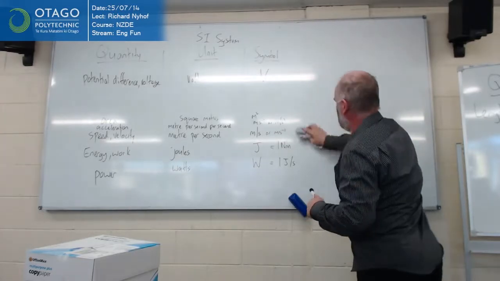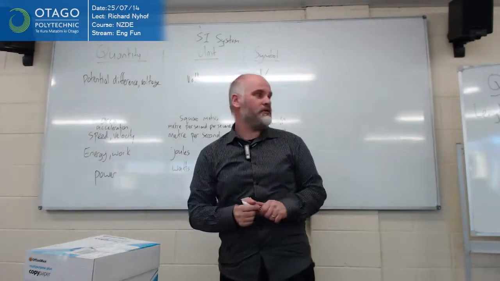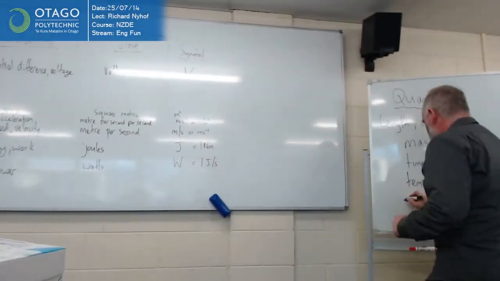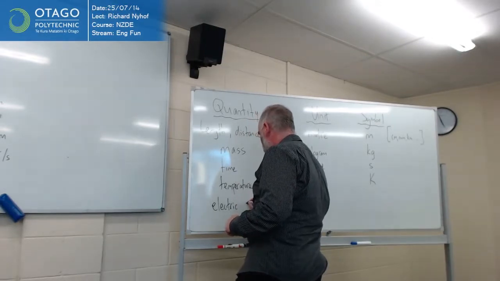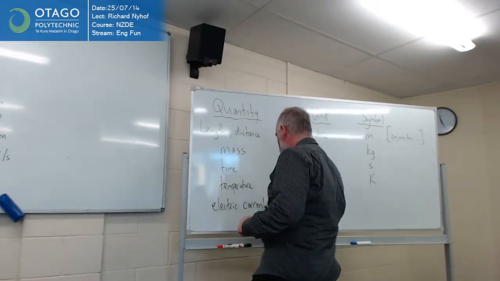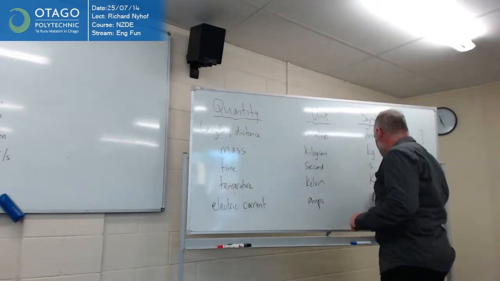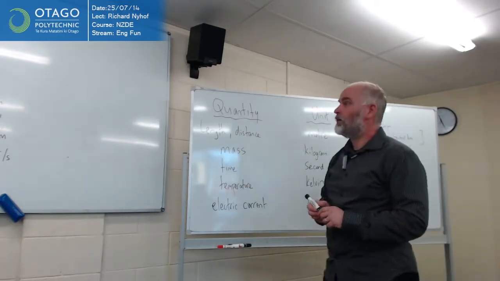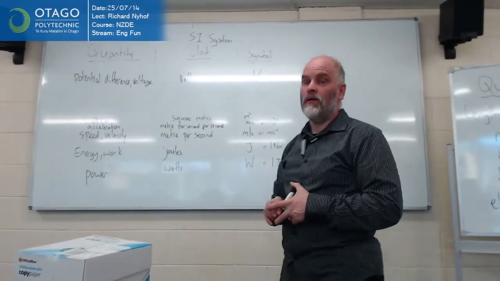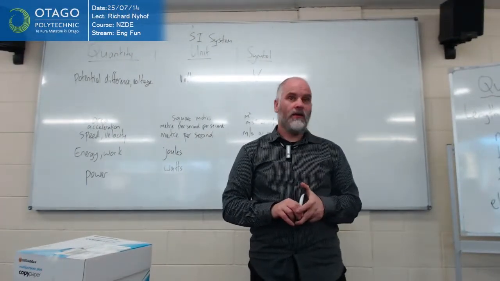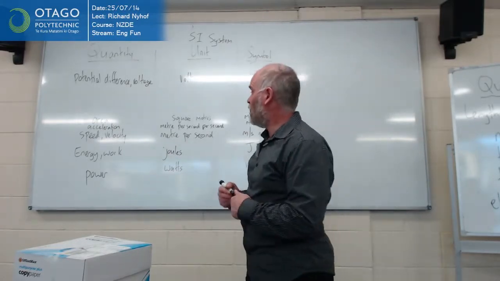What other things can you measure to do with electricity? Amps, okay. So that's the measure of electric current, measured in amps. And we also have a couple more.